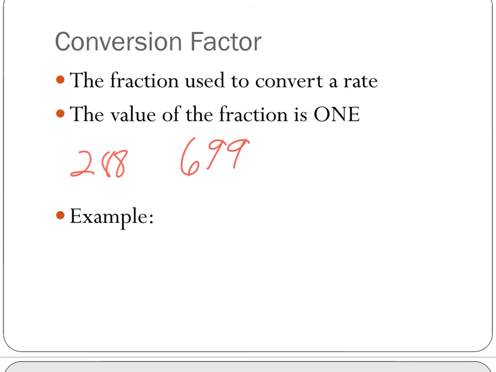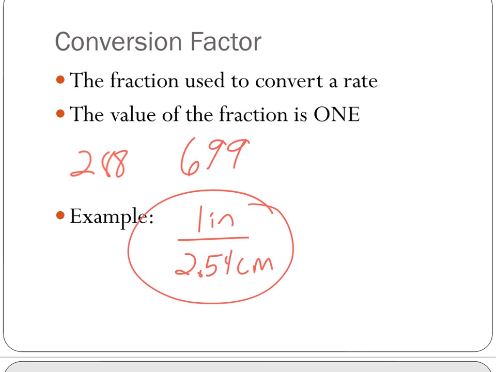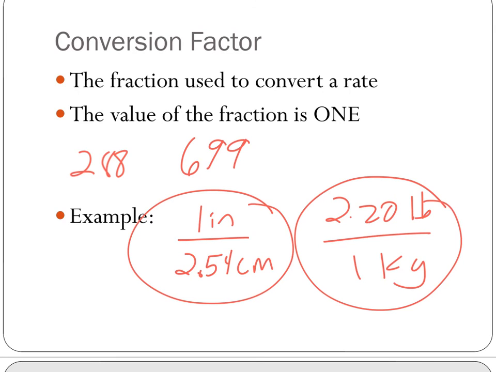Let's say how many centimeters in an inch. 1 inch is 2.54 centimeters. Technically, this fraction means 1, because if I were to convert inches into centimeters, 2.54 over 2.54 would really be 1. So this is called conversion factors, and there are a whole bunch of them, like 2.20 pounds per 1 kilogram.